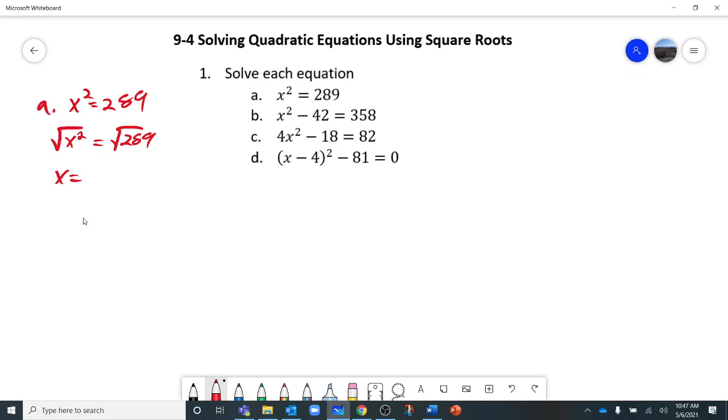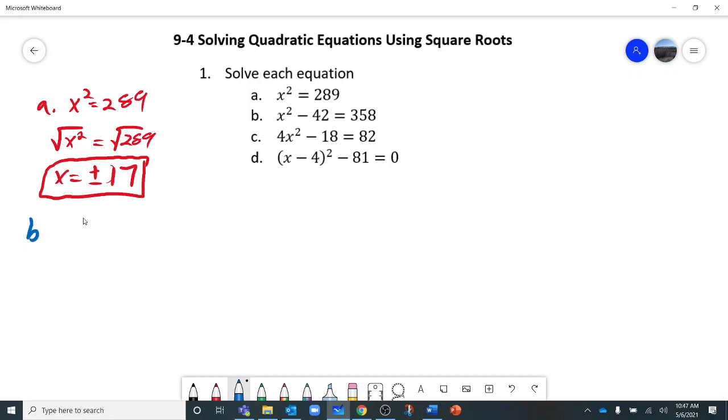Yep. x equals plus or minus 17. Okay, so both of those would work. If I plugged in a negative 17, squared is still positive 289. When you take the square roots, make sure you have that plus or minus because it does make a difference.